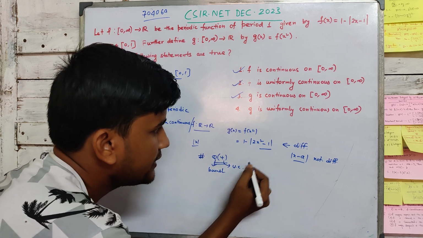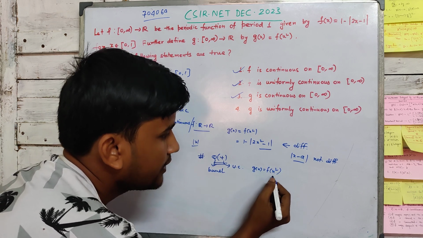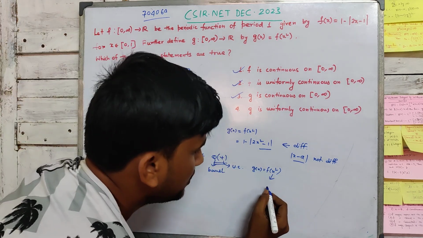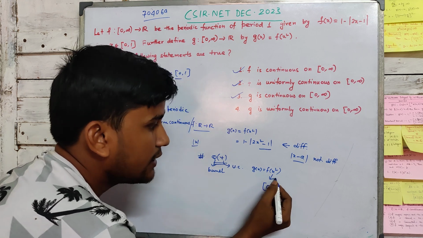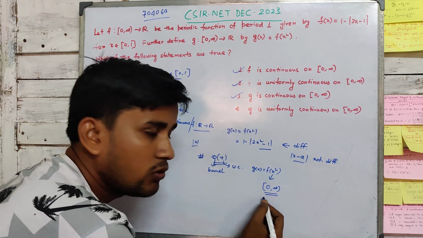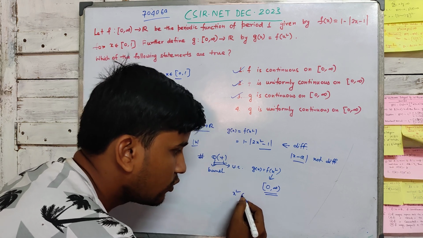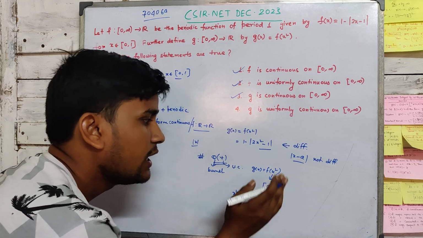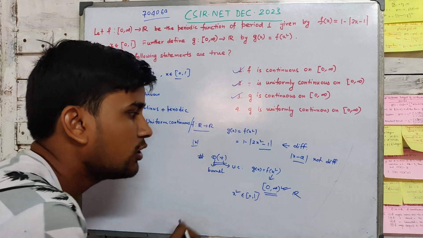Now here it says g(x) equal to f of x square. Now this x square function, the interval is from 0 to infinity to R, and this x square is not uniformly continuous on 0 to infinity. We all know that x square is uniformly continuous only on a closed interval, suppose [0, 1], or any closed subinterval of R, but it is not uniformly continuous throughout R.